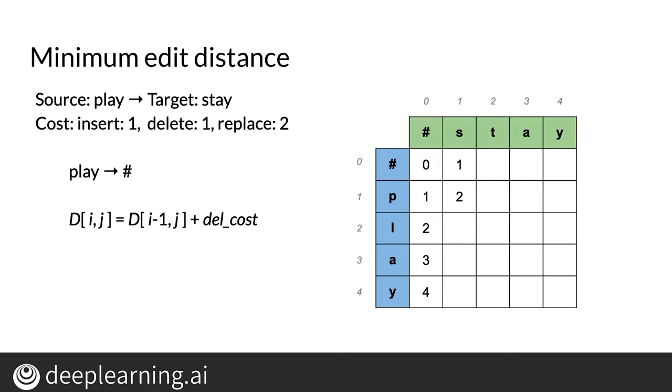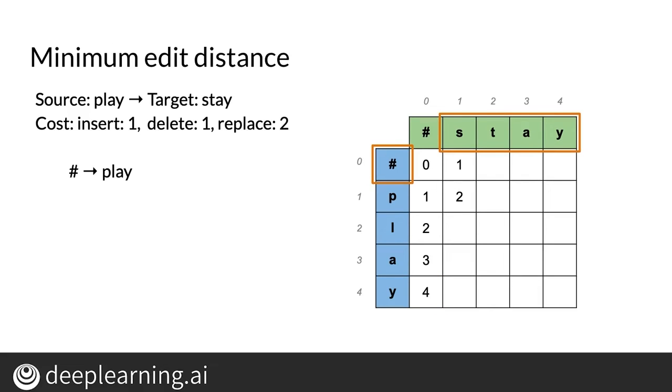This means that to make the string P into the empty string, do one delete operation. As shown in the previous example, to turn the string PL into the empty string, delete P and delete L, which are 2 delete operations, and so on. Now, at D40, you have the minimum edit distance for play to the empty string, which of course is just the cost of 4 deletes, 4.